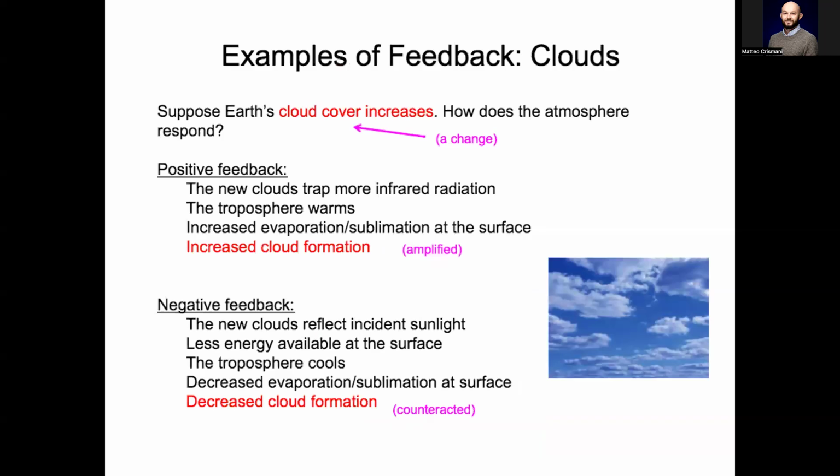Told you I hate clouds, but we're going to talk about clouds more. So here's Earth's clouds. Let's say we increase the clouds. What changes? So now new clouds trap more infrared radiation. The troposphere, the bottom layer, the one that's closest to us, gets warmer. That creates additional evaporation, which makes more clouds.